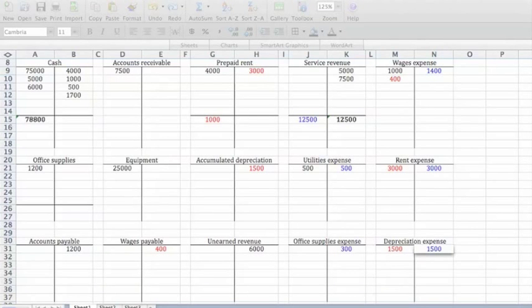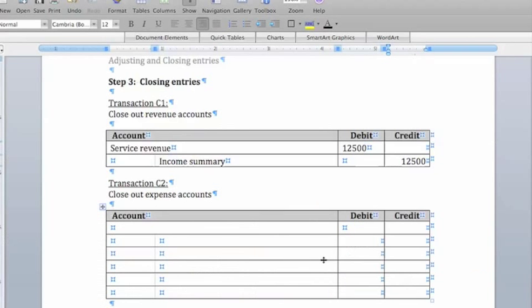And so I've reflected those closing entries in the T accounts, and now we can group all of those together into one journal entry, and I'll call that transaction C2. And we saw that there was wages expense of $1,400. There was utilities expense, $500.